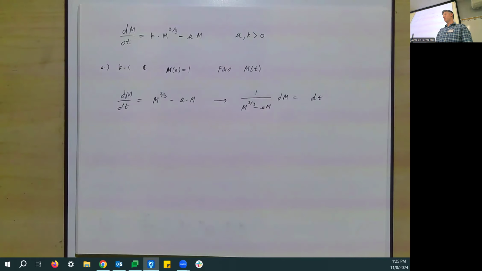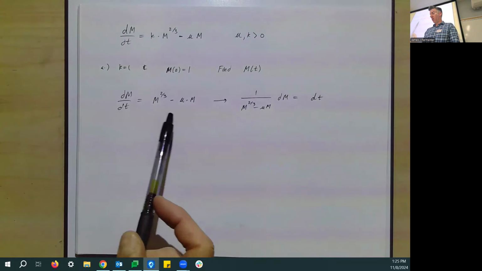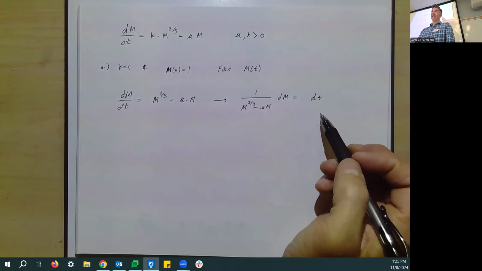Because to take the integral of the thing with m's, the m's have to be on the same side as dm. Otherwise I'd have to be integrating with respect to t.